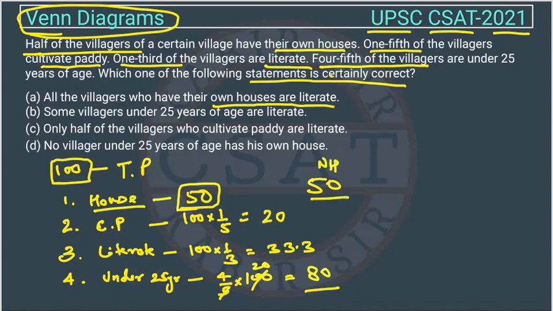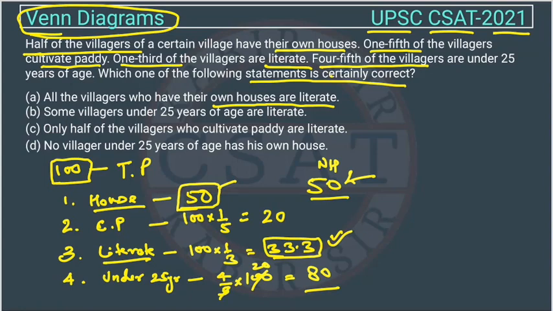Total number of literate are 33, so there may be some having house and some not. So we cannot surely say that all the villagers who own a house are literate. This is not possible. Why?